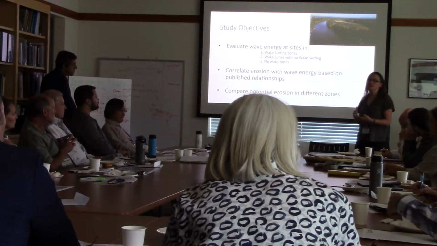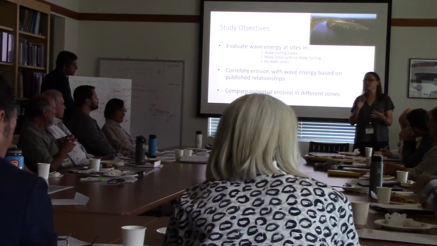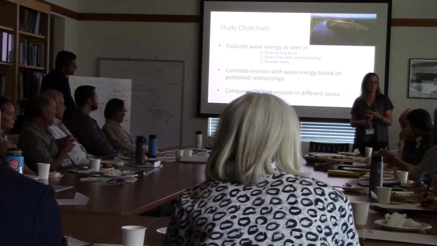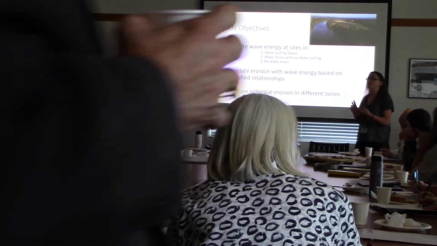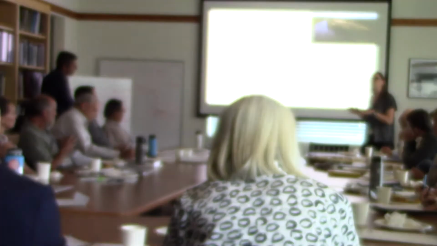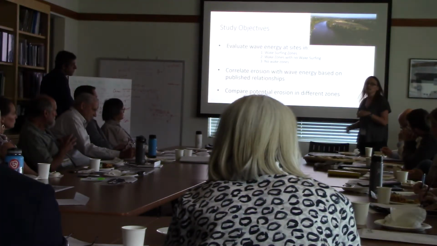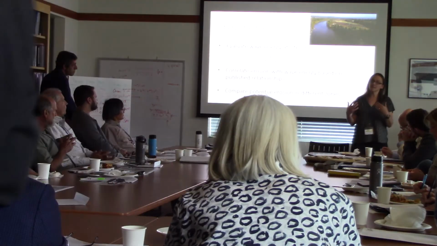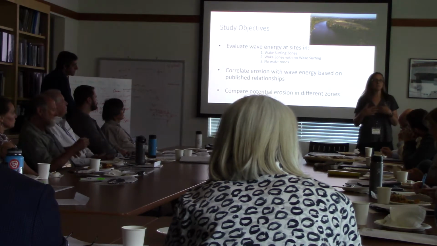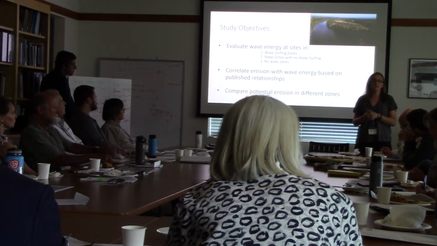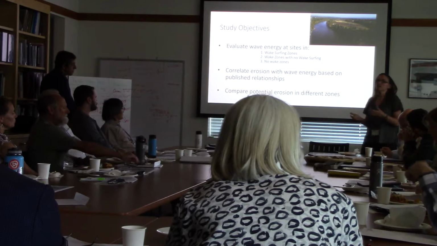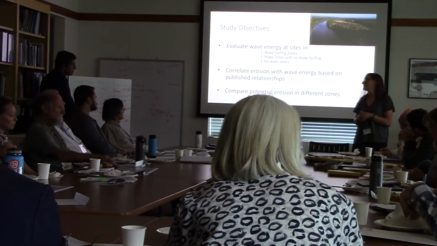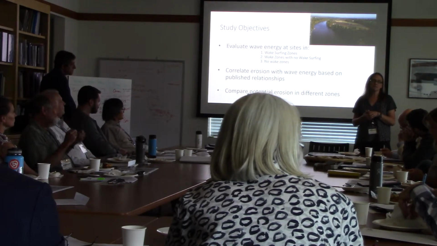And so we're also measuring, we took soil samples for soil characterization, looking at the vegetation on the bank, noting the different structures and all of that. And so we're able to use that to come up with an estimate of a potential erosion as a result of that wave. And so then ultimately we'd like to compare that potential erosion in different zones.